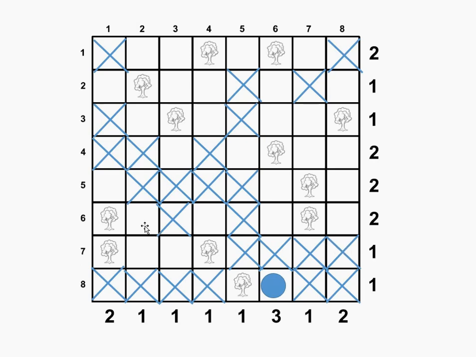But if at this cell is a tent, there is no possibility to have tents here or here. The conclusion is that here must be an empty cell. If there is an empty cell here, there is only one position for the tent for these 3. Here has to be a tent.